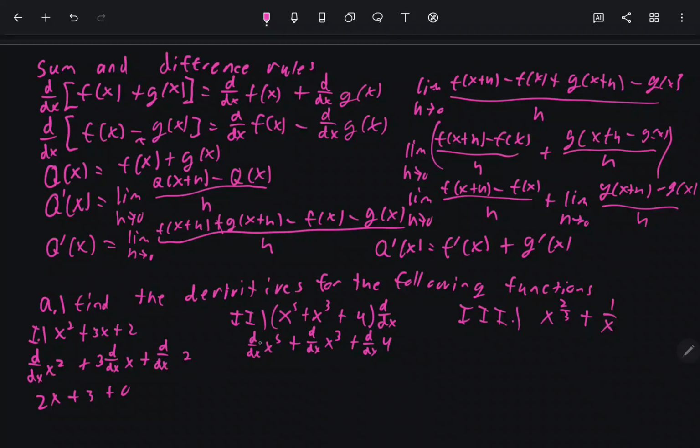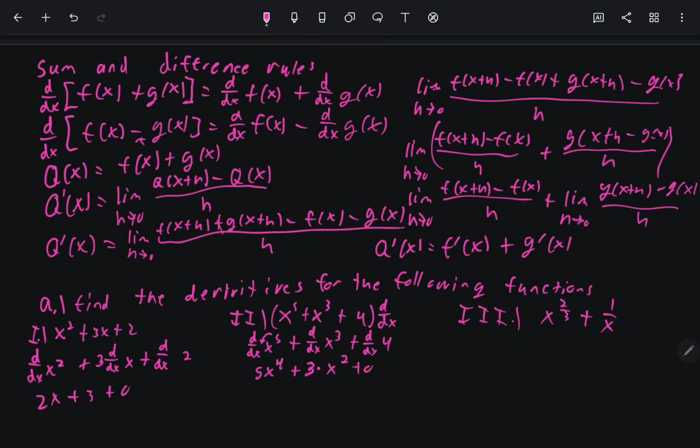Well, we pull this out front, so we are going to get a 5. 5 minus 1 is 4. For the next one, we get 3 times x. 3 minus 1 is 2. The derivative of a constant is just 0.